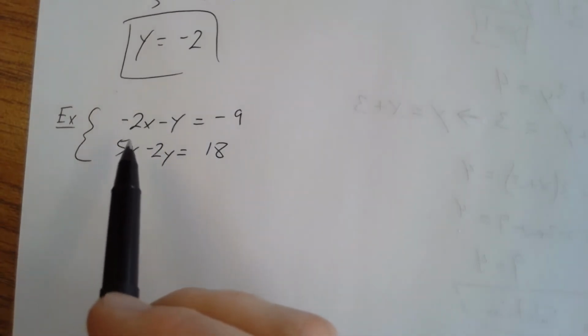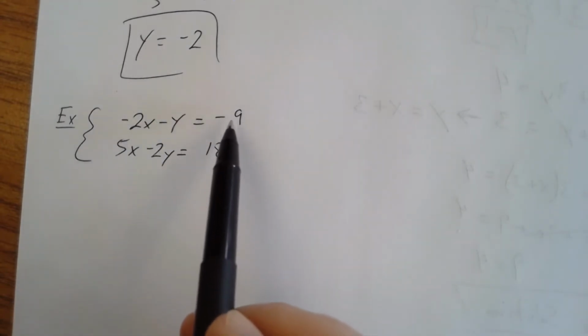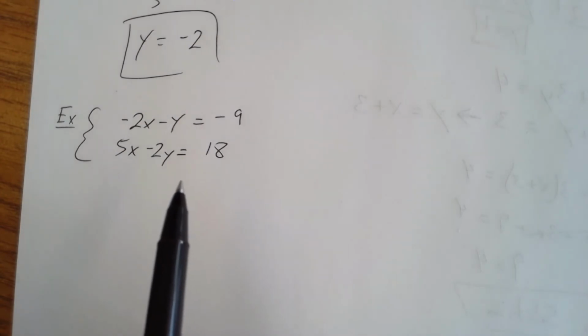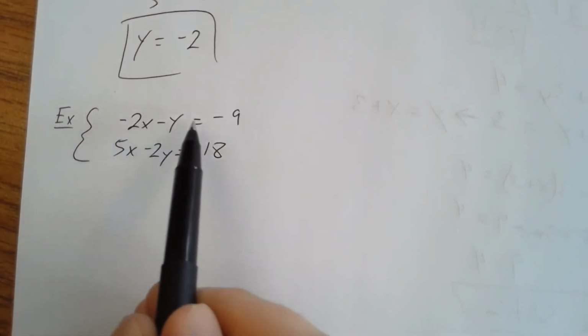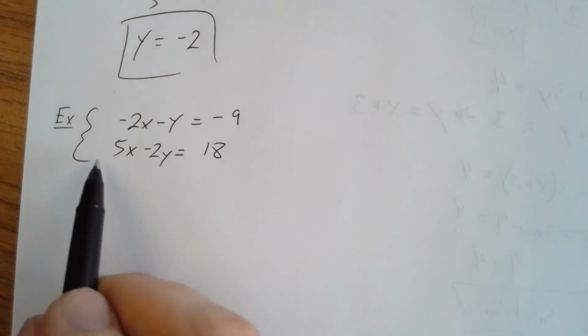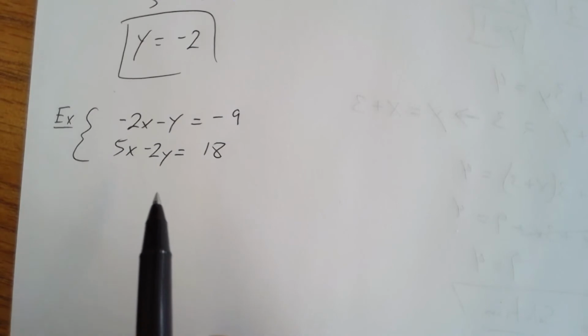I probably wouldn't want to use anything else because I'd have to multiply either this whole thing by a fraction, or, and this does come up from time to time, multiply the top equation by 5 and the bottom equation by 2, having to change both equations. I would rather avoid that if I can.